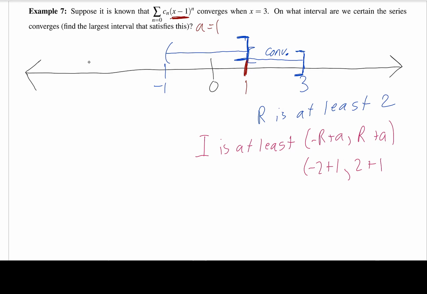There should not be a comma there. Right, so this is from -1 to 3. However, in the problem, they tell us that it converges at 3, so I know that this has to be a bracket. And so this is going to be the largest interval where we can guarantee that our power series must converge.